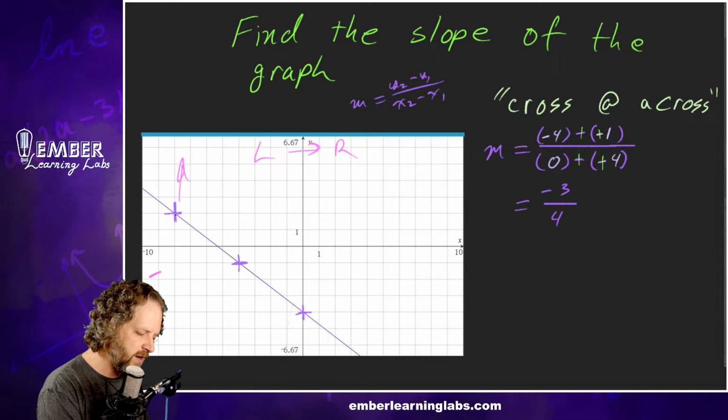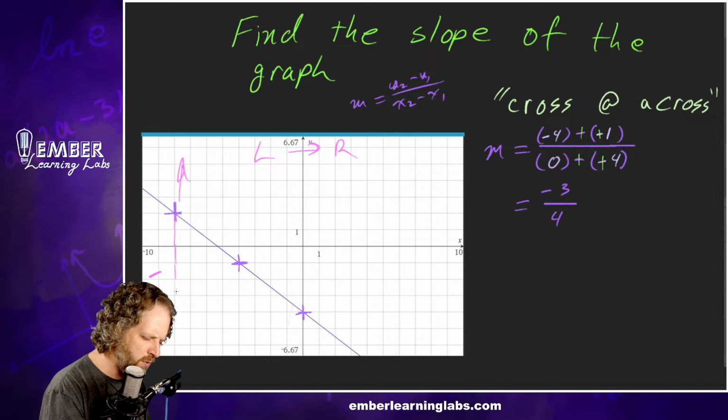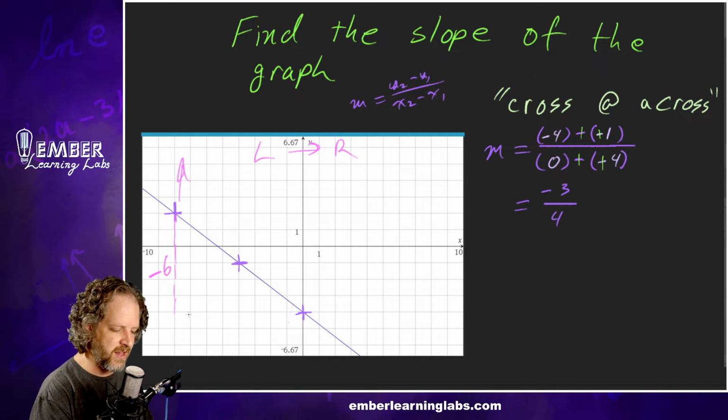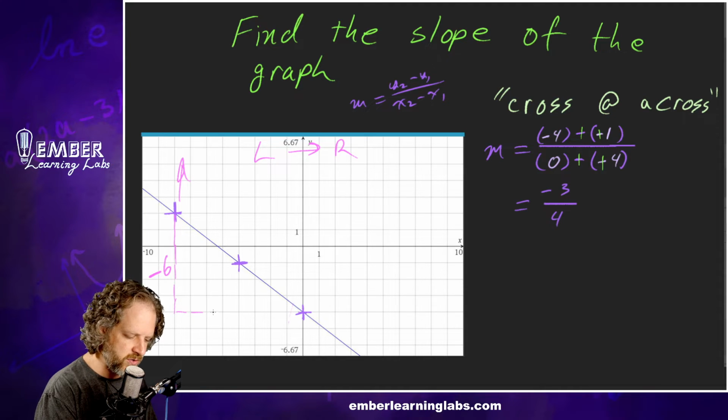So I'm going to count down 1, 2, 3, 4, 5, 6. So -6. And then over 1, 2, 3, 4, 5, 6, 7, 8. So -6 over 8. So the slope is -6 over 8.